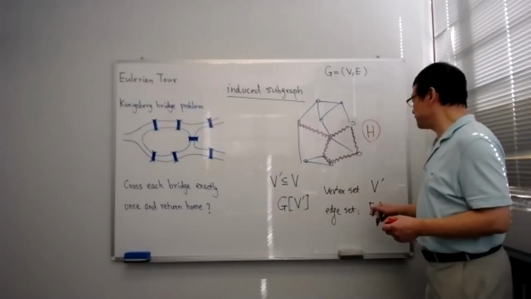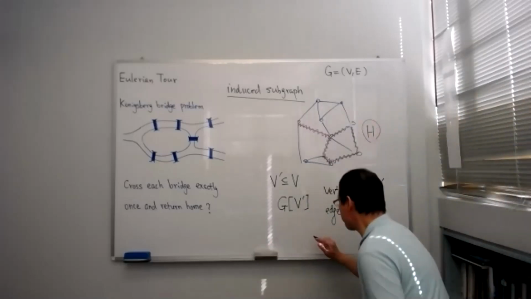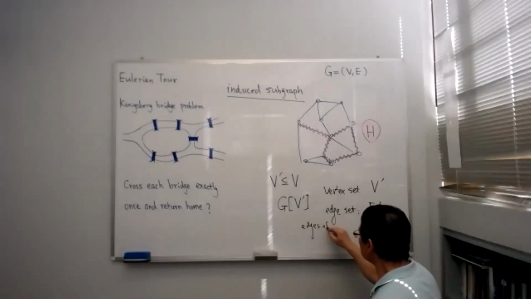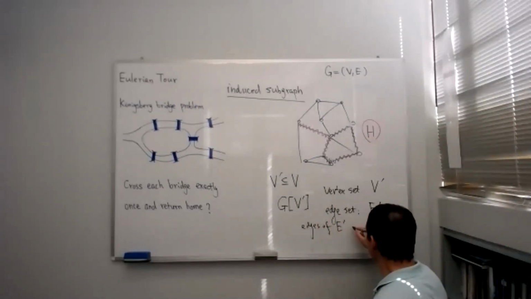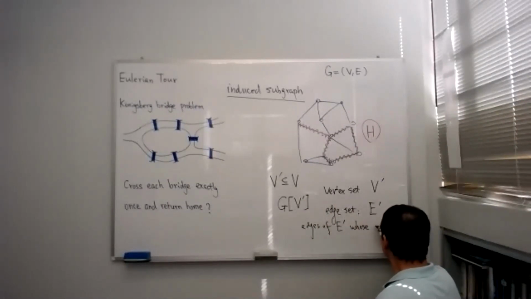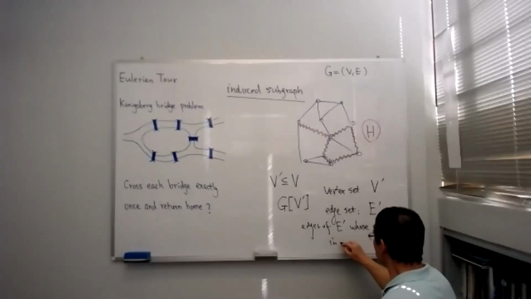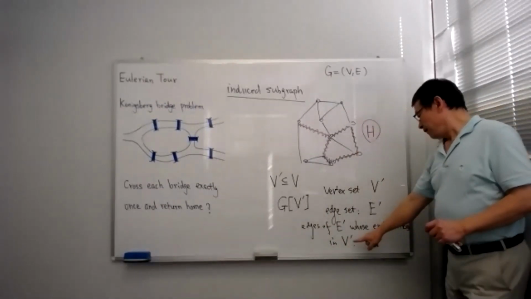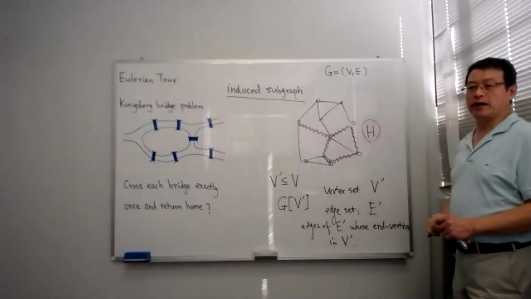Both ends will be inside V prime. This is called the induced graph.